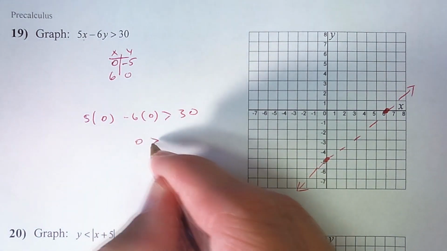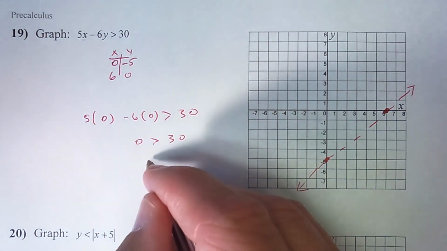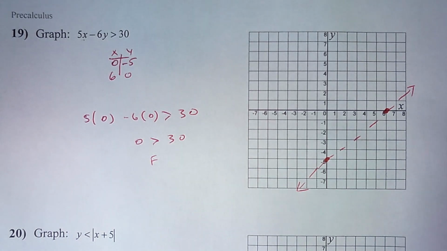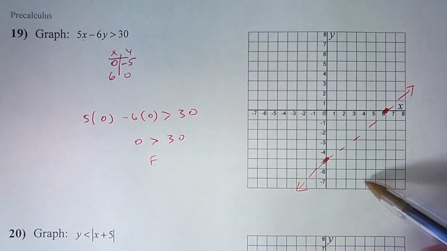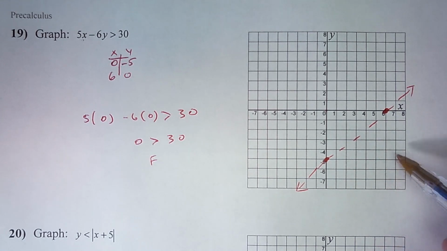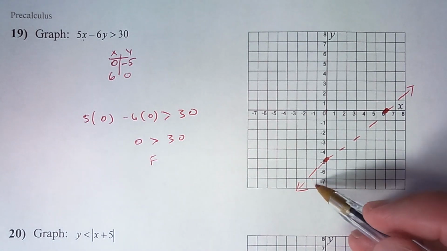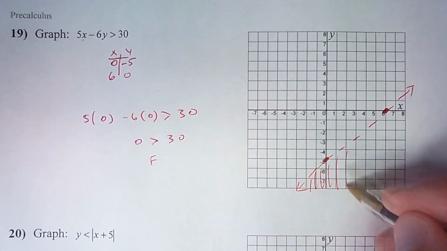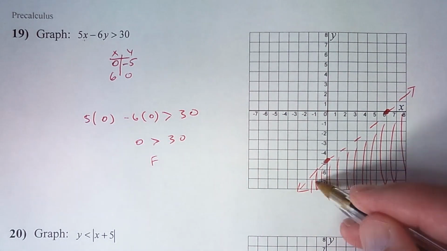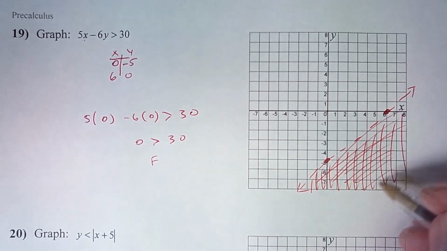So 0 is greater than 30. That is not true. So the origin gave me a false statement, so that means that anything on the side away from the origin would give me a true statement. Anything else on the side with the origin would give me a false statement. So what I'm shading is this area down here.